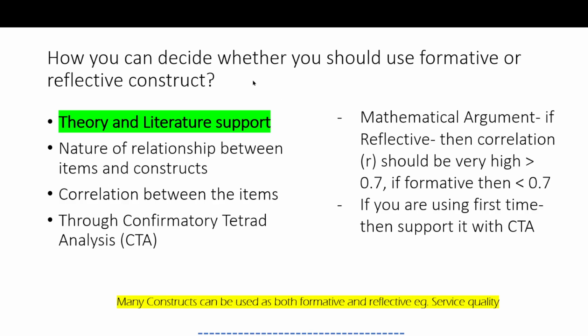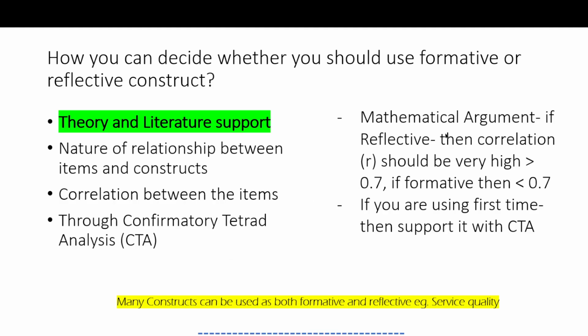How can we decide whether we should use formative or reflective constructs? It is based on theory and literature support, the nature of the relationship between items and constructs, correlation between the items, and the confirmatory tetrad analysis, which we'll see in the next videos.